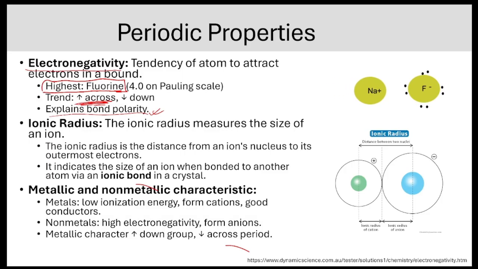Anions, which are negative ions, are always larger than the neutral atom, because adding electrons increases the repulsion and spreads the electron clouds out, since we have more electrons.